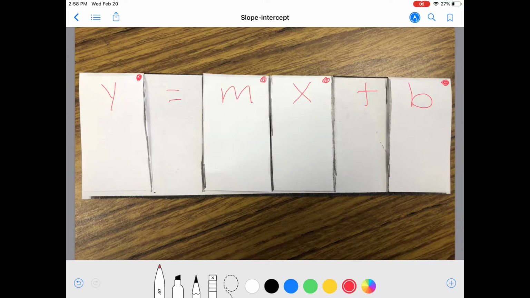The y is going to represent our dependent variable, and this is what we put on the inside of our flap. The m is going to represent our slope. Our x is going to represent our independent variable. And b is going to represent our y-intercept.